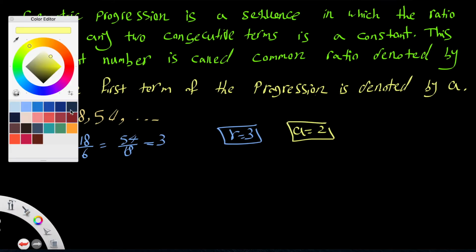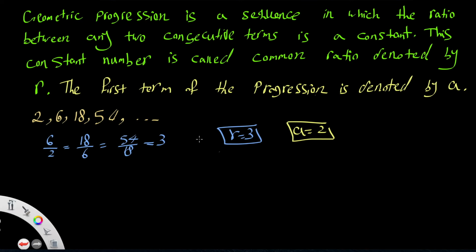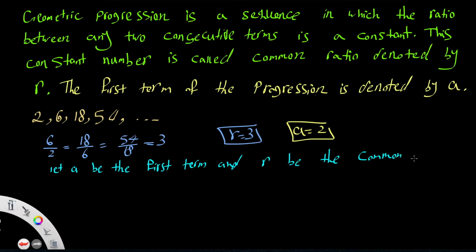Now, let's make a formula representing terms of geometric progressions. Let a be the first term, and r be the common ratio.